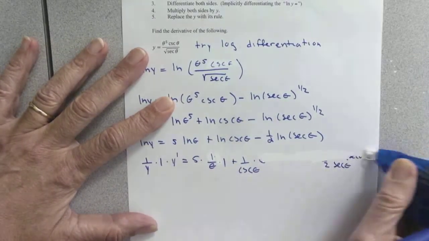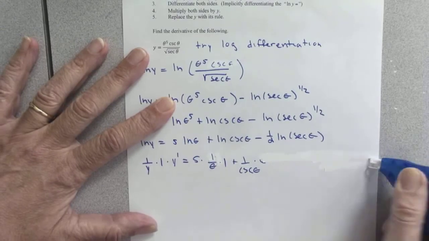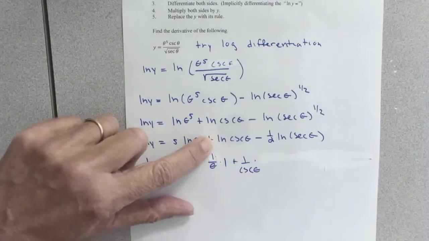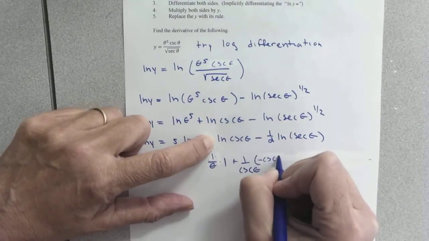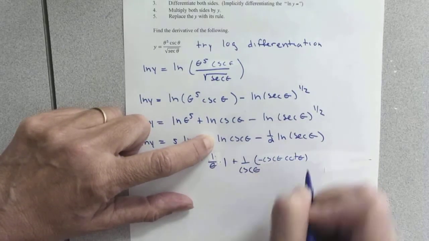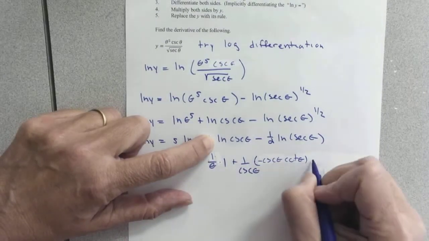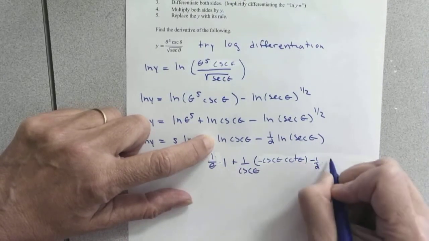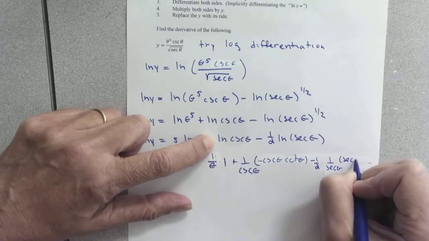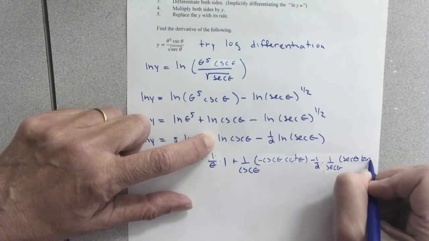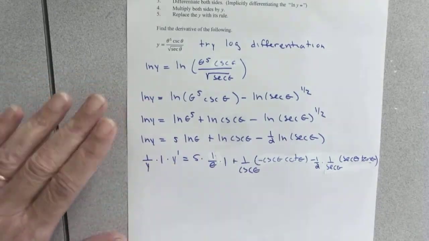Should have written just a little bit smaller. So back to this guy, 1 over the argument, then derivative of the argument, derivative of cosecant is negative cosecant cotangent, then I have my minus 1/2, then 1 over the argument, then the derivative of the argument, derivative of tangent, secant tangent.